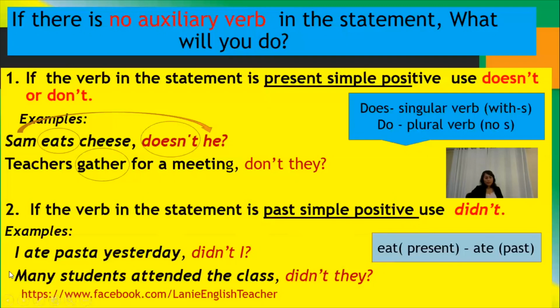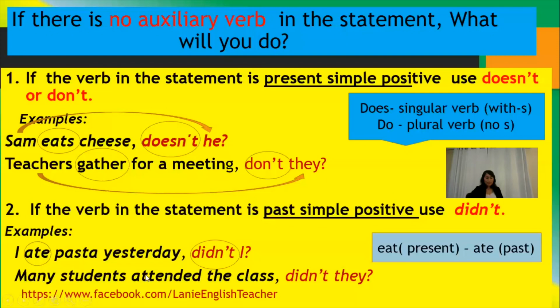Now, example: I ate pasta yesterday. Ate here is the past form of the verb eat. So as you can see, I have written it here at the right side of your screen. Ate is a past form of the verb eat.